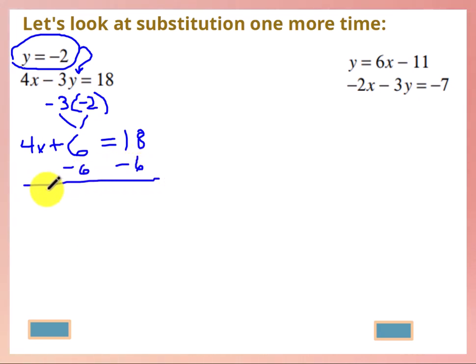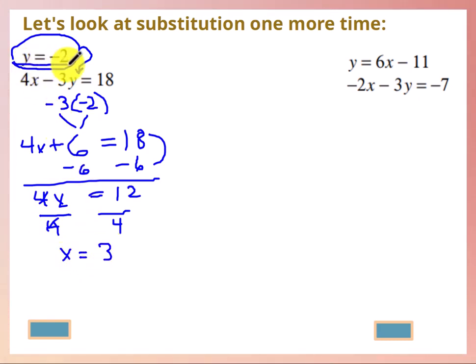Draw your line. Bring down 4x. Bring down equal. 18 minus 6 is 12. Divide both sides by 4. x is equal to 3. And we already have y up here. y is equal to negative 2. So all we had to do was find x. So our solution is 3, negative 2.